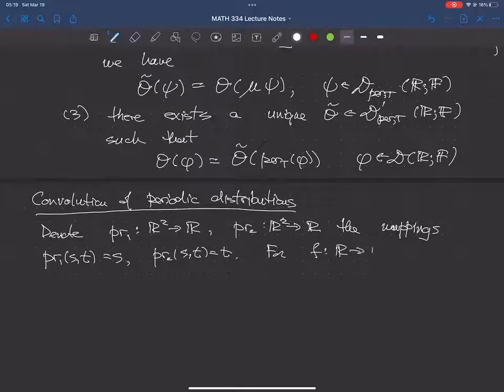any function from R to F, we're going to use this star notation that we've used before.